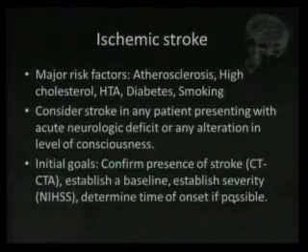We just need to inject that dye, and we get a run from the chest all the way to the vertex, and we can assess the carotids and all the blood vessels in the brain. We're going to establish a baseline of the deficit, the severity, using the NIH stroke scale. And if it is possible, we'll try to determine the time of onset.